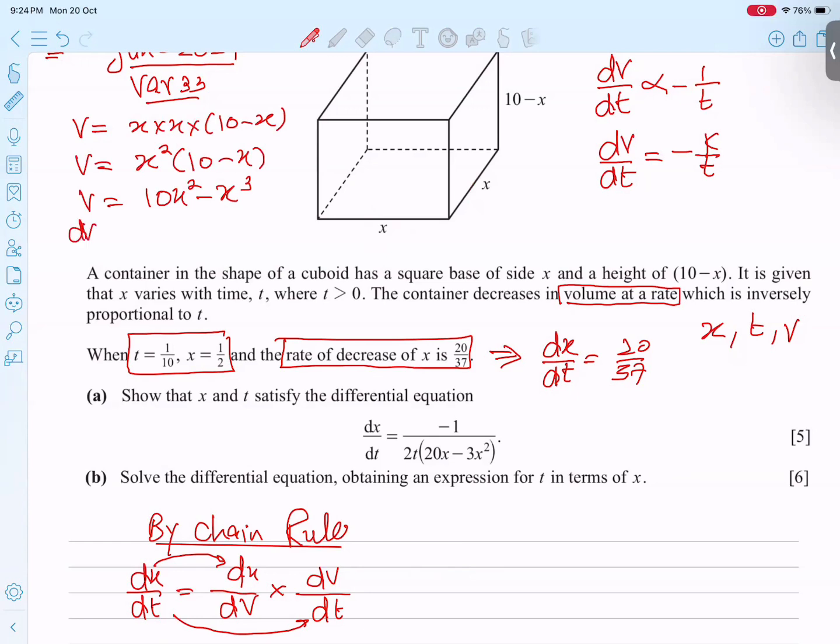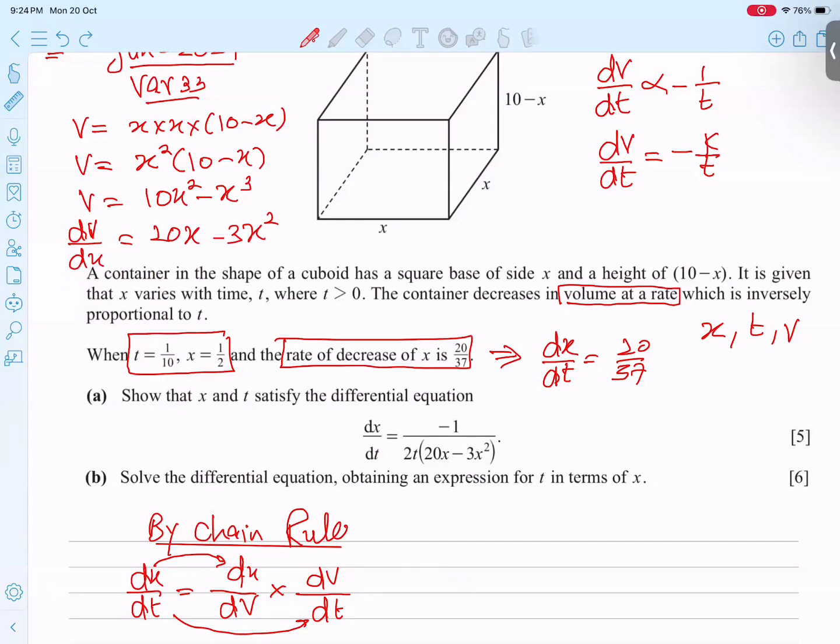If I differentiate, dV over dx: 2 comes down and the power reduces by 1, and 3 comes down and the power reduces by 1. So this is the middle value I have, but reciprocal: x up, volume down becomes volume up, x down.